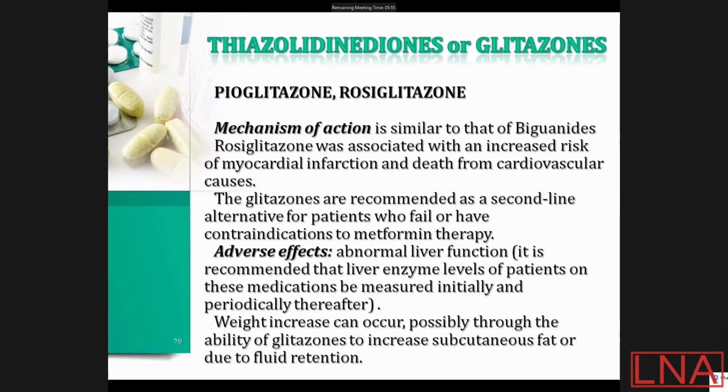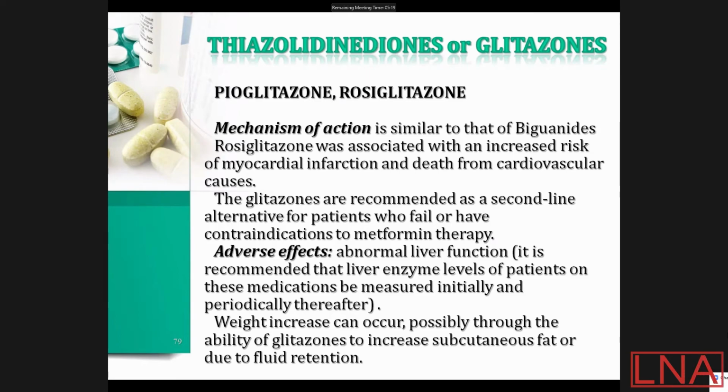And glitazones, as I said, pioglitazone, rosiglitazone, all drugs end in glitazone, because of it they have a second name. These drugs are included in the same class, so they act almost like biguanides, but rosiglitazone was associated with increased risk of myocardial infarction, and is also contraindicated if the patient has any problems like this.